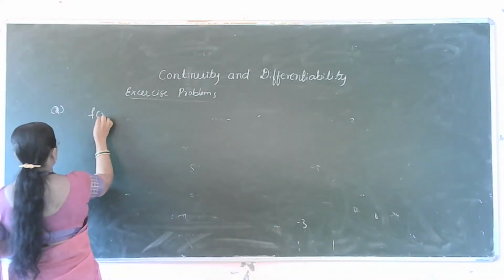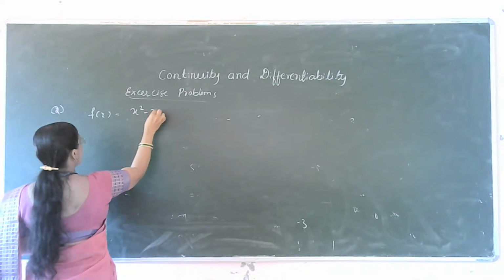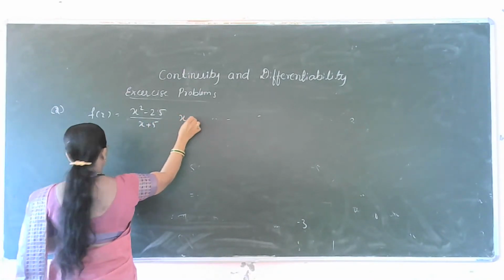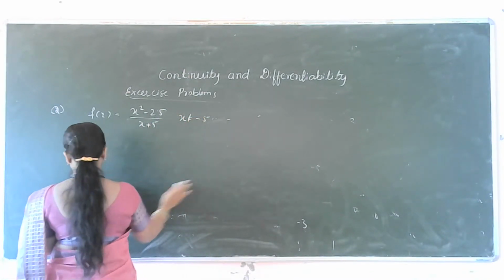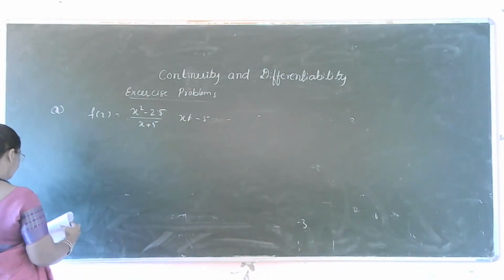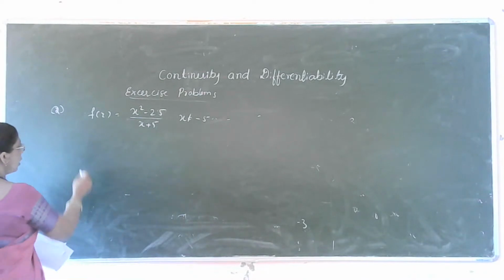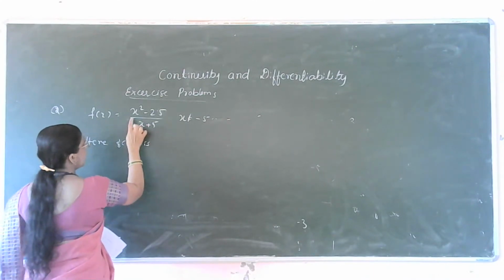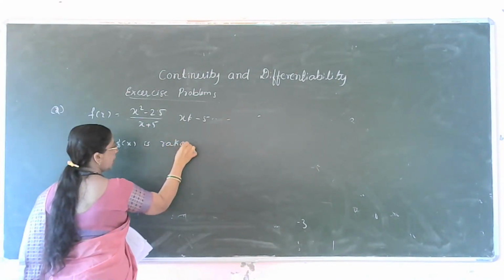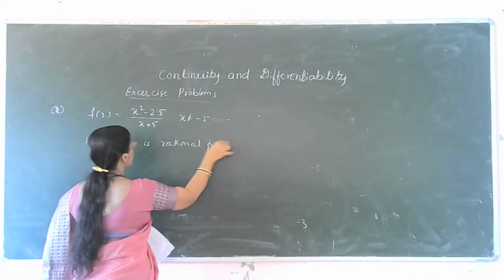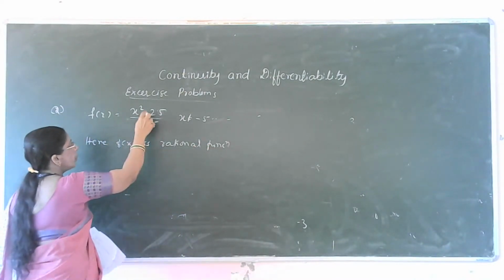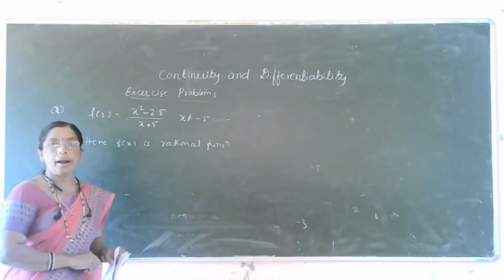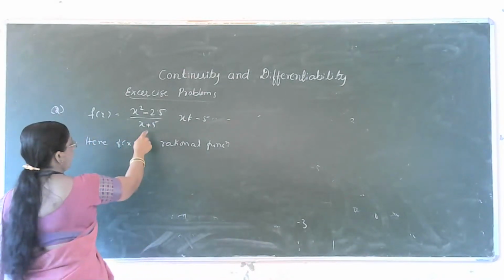Second example: f of x equal to x square minus 25 divided by x plus 5, x is not equal to minus 5. Here f of x is a rational function because it is a ratio of two polynomial functions, p of x equal to x square minus 25 and q of x equal to x plus 5.